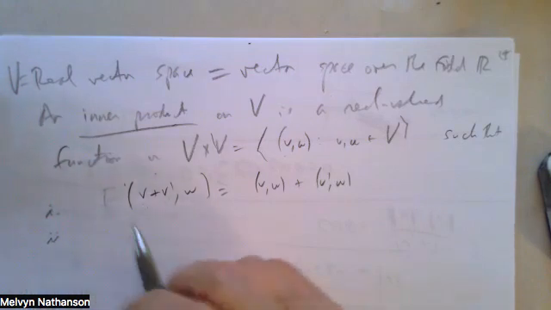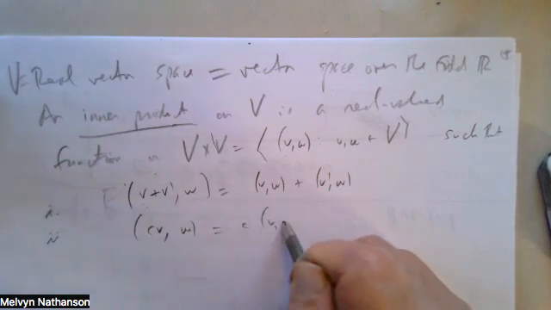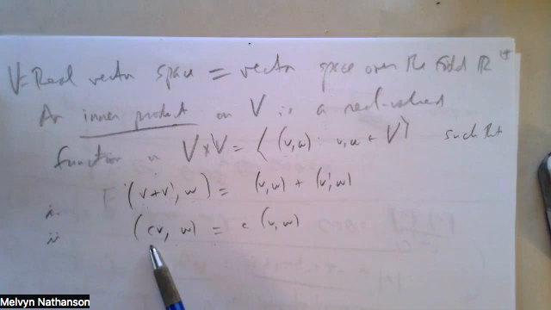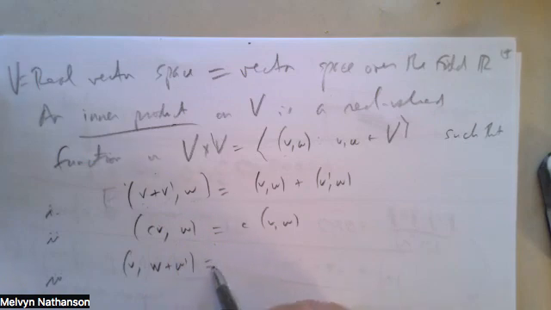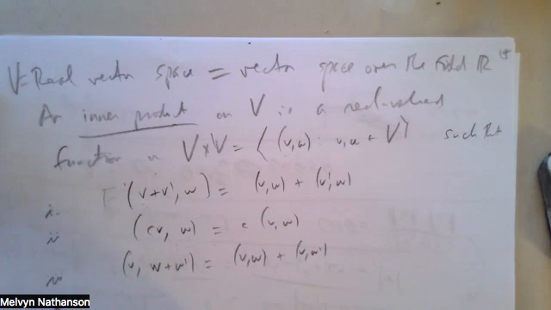Second, (cv, w), c a scalar, is c times (v, w). So this is the same as saying if we fix w, this is a linear transformation from V into R. The third property is that (v, w plus w prime) is (v, w) plus (v, w prime). And the final condition is that (v, cw), I can take the scalar out from the second coordinate as c times (v, w).